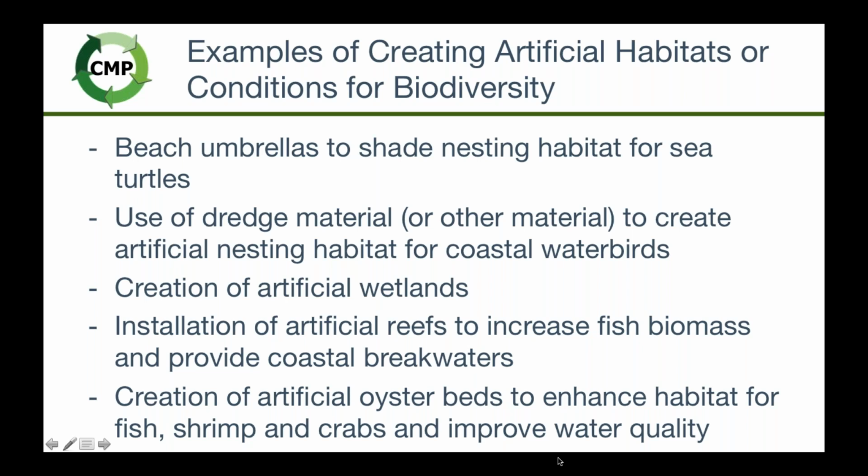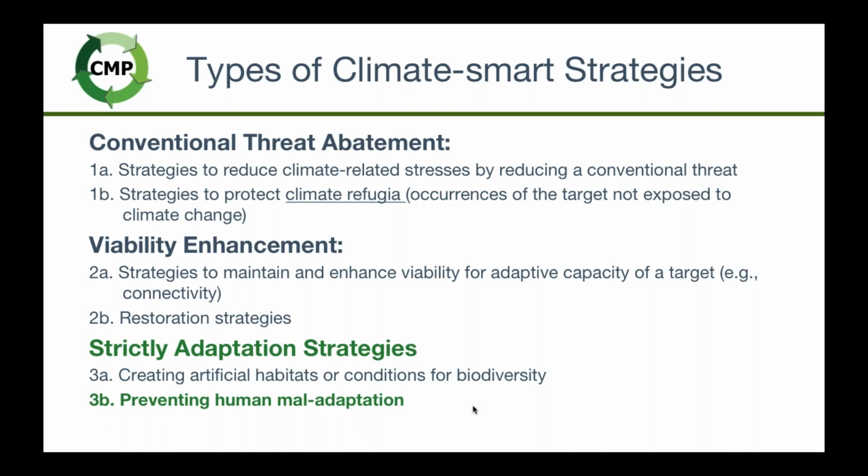When I was looking at this earlier today, I realized this kind of actually bleeds into restoration. So maybe this example fits under restoration rather than the artificial habitat category.